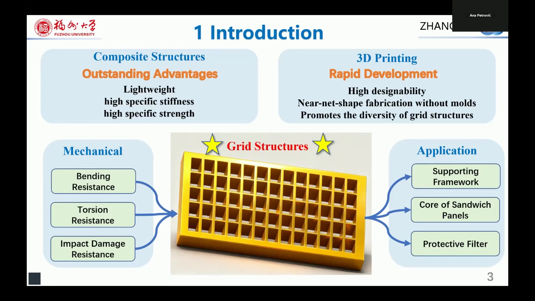So my topic today will focus on these grid structures, which have many good mechanical performances, including bending, torsion, and impact damage resistance, and could be applied as supporting frameworks, cores of sandwich panels, and protecting structures.